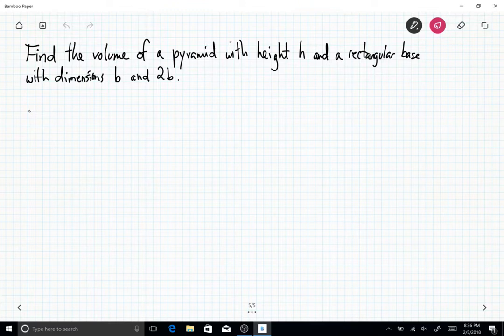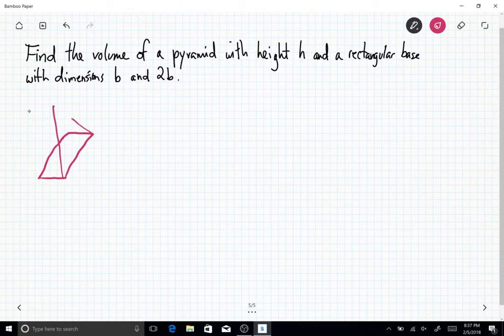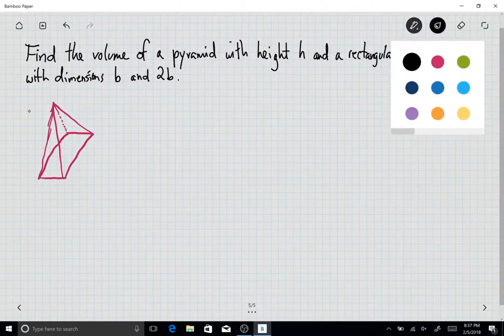Let's see now. We want to find the volume of a pyramid with height h and a rectangular base with dimensions b and 2b. So we'll have some sort of pyramid. And what we'll do, though, is we'll pretend there's an axis of symmetry right down the middle.